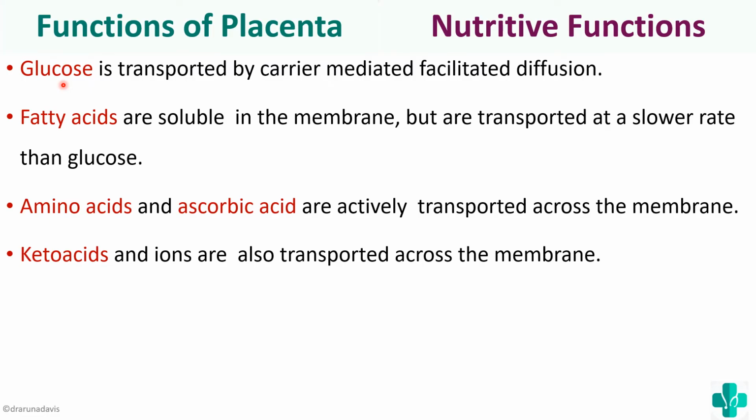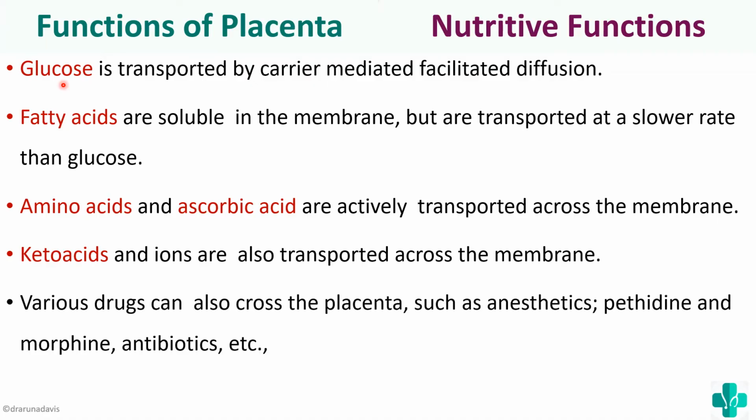So they also enter via the placenta. Various drugs can also cross the placenta, such as anesthetics, pethidine, morphine and antibiotics, etc. So these are the nutritive functions. Mention the 3 major nutrients: glucose, fatty acids and amino acids, and then mention the different drugs.